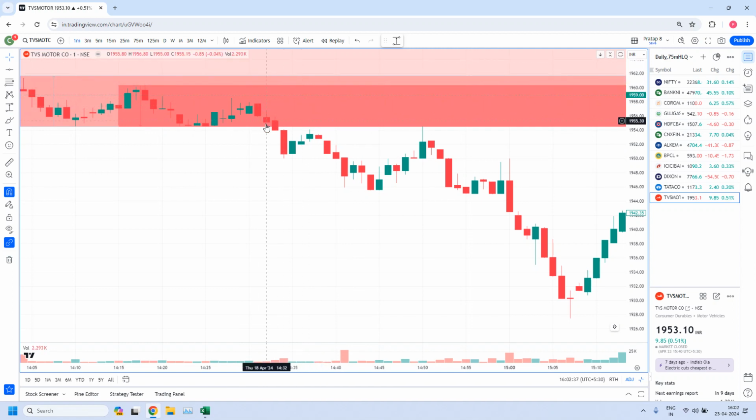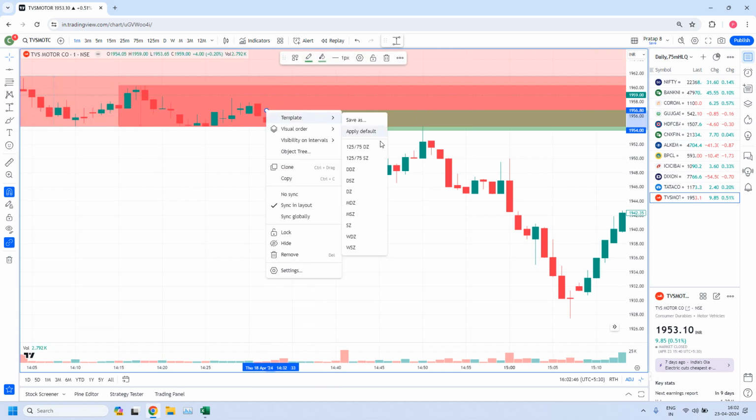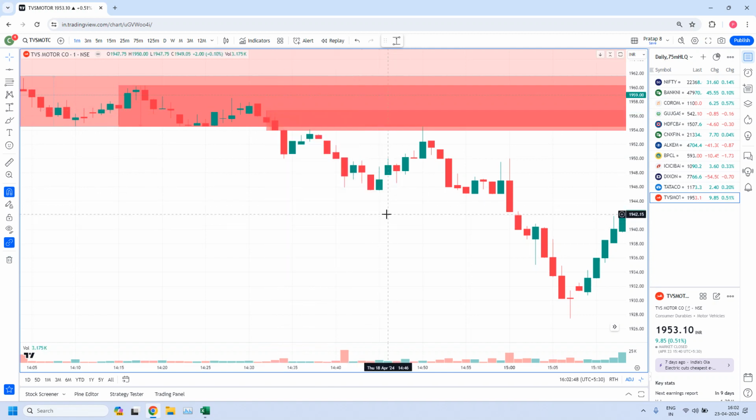See here, you have a drop. These two are base. This is the way your zone will be there. 1 minute zone. We have a drop, base and drop.